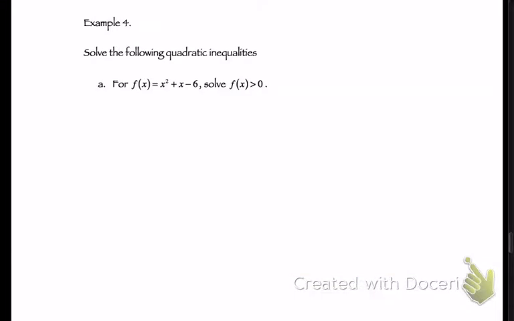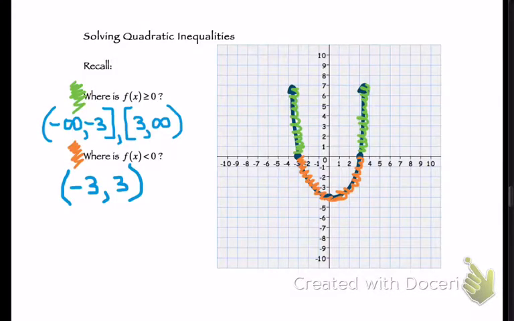Example 4. I ask you to take that function right there, x squared plus x minus 6, and figure out where that thing is greater than 0. All right, so first thing I got to do, if you remember, if I go back to the last picture, the key pieces of information were finding these points right here.